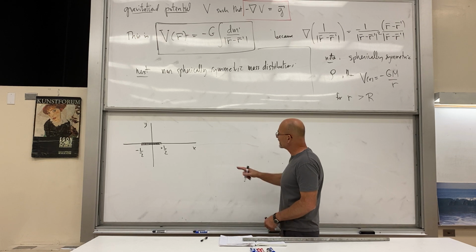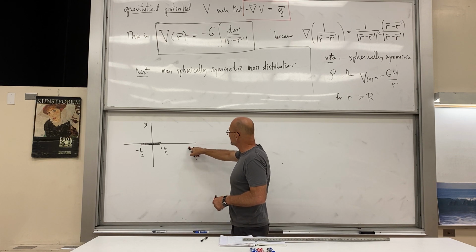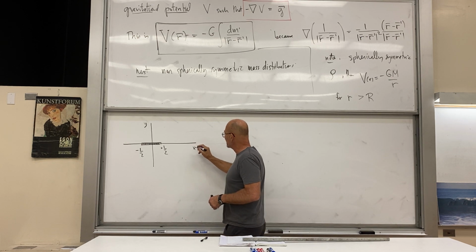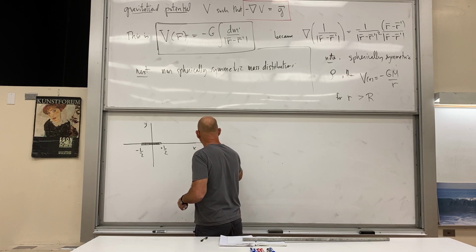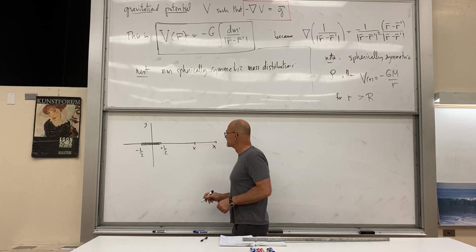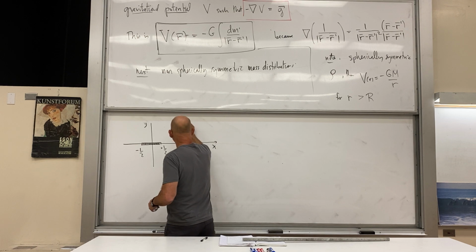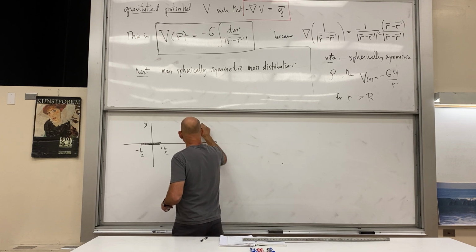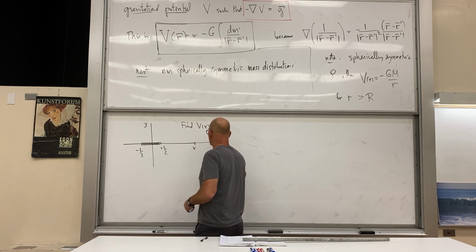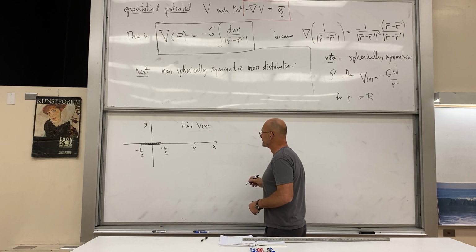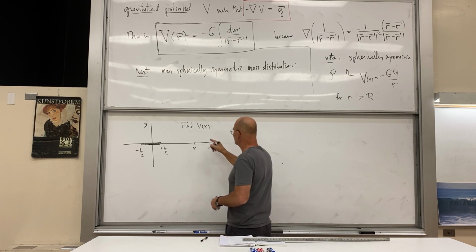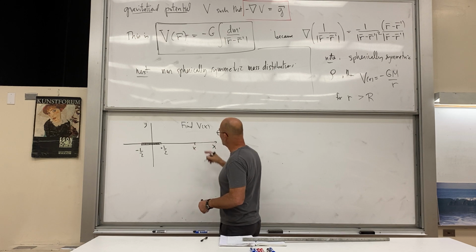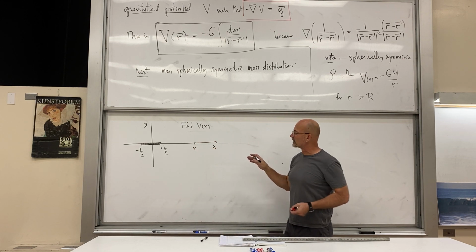And in fact, we're just going to ask, what is the potential of this object at some point X along the X-axis? So find V of X, and we're just interested in the one-dimensional case right now, okay?